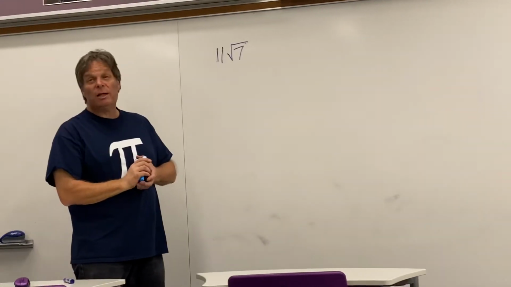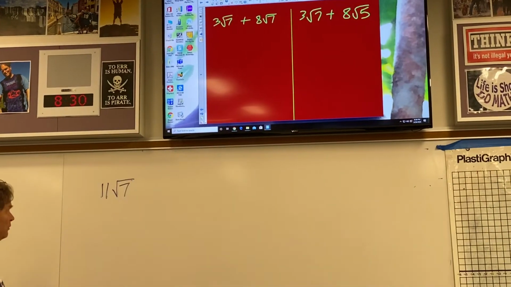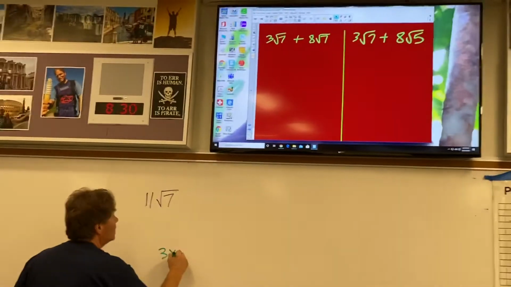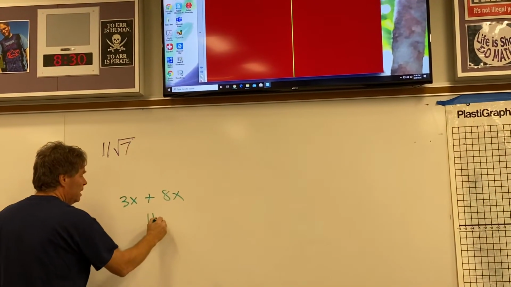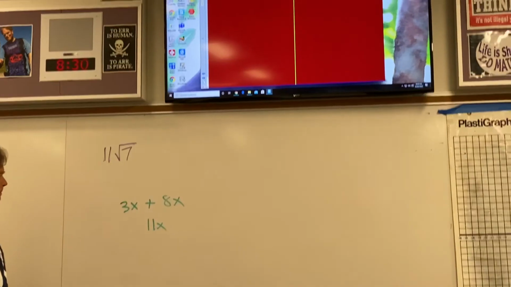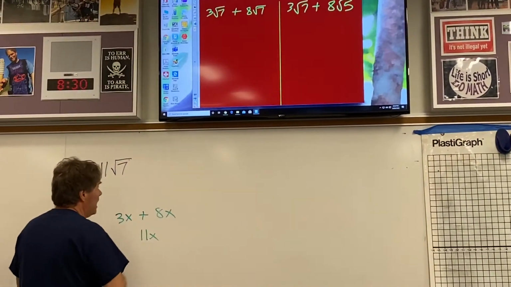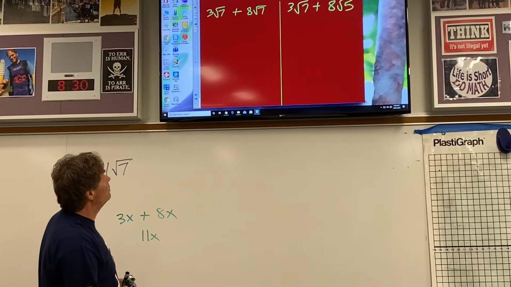Now, if you're not sure what to do, see how they both have a common root 7 there? Ask yourself, what if that was an x instead of a root 7? If that was a 3x plus 8x, most people realize that would be 11x, right? It's the same idea. In fact, you can even think of it as a reverse of the distributive property.